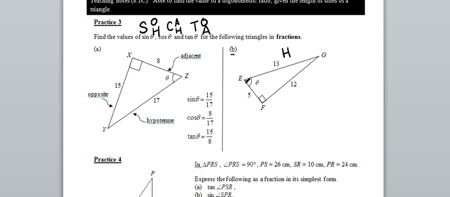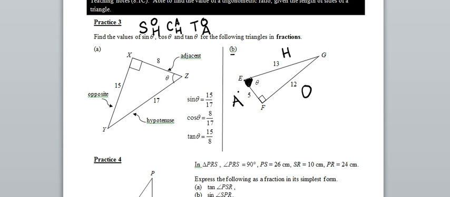Down here. With respect to this given angle, where is the side that is opposite to theta? GF is the side that is opposite to theta. And last but not least, where is the side that is the adjacent? We have EF to be our adjacent.